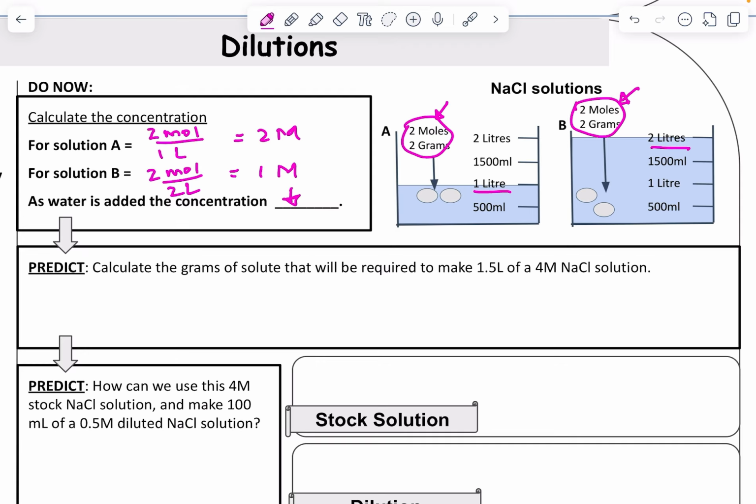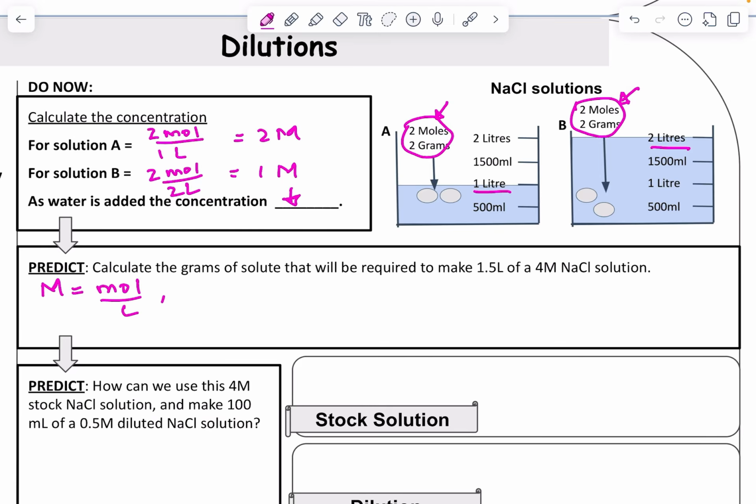So let's take a moment and recall how to do some calculations with the molarity equation. Predict how many grams of solute are required to make 1.5 liters of 4 molar solution. So take a moment. Once again, the molarity equation is moles of solute over liters of solution.